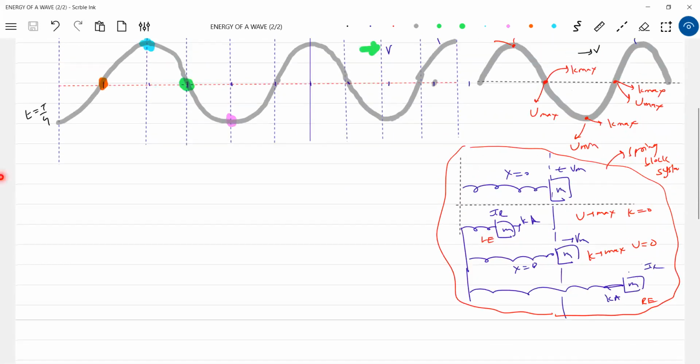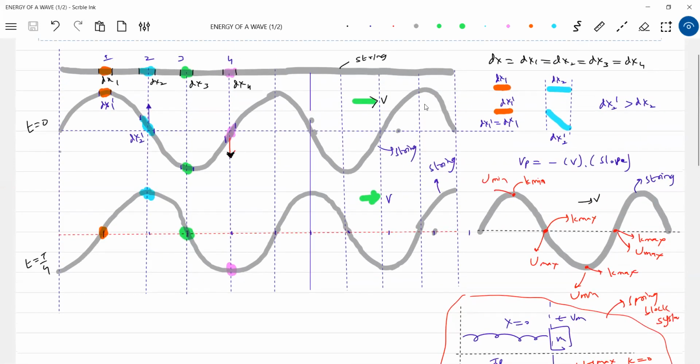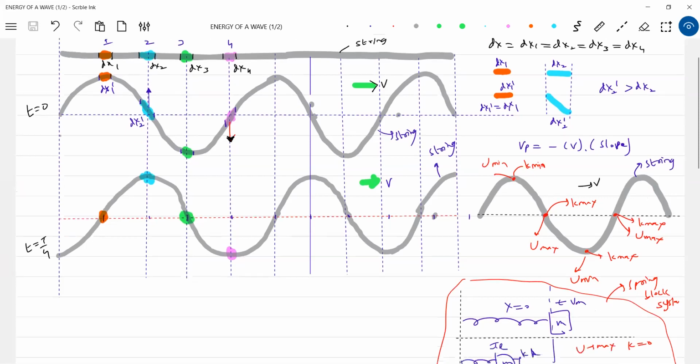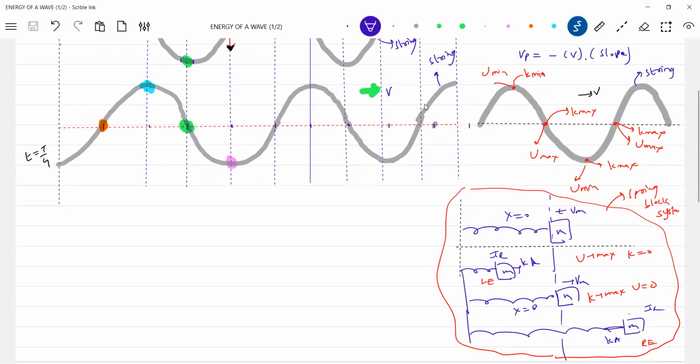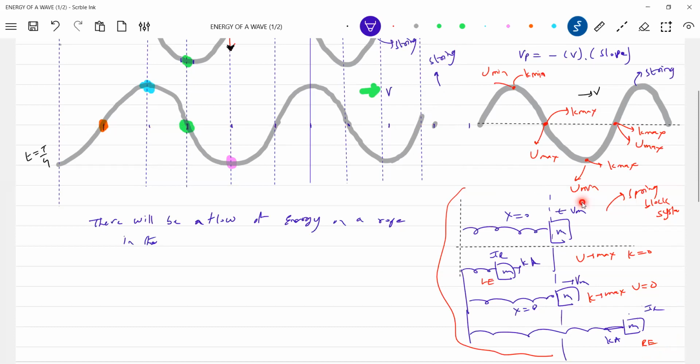Okay, that U max, U minimum. I'll write it. There will be a flow of energy on a rope in the direction of wave propagation.